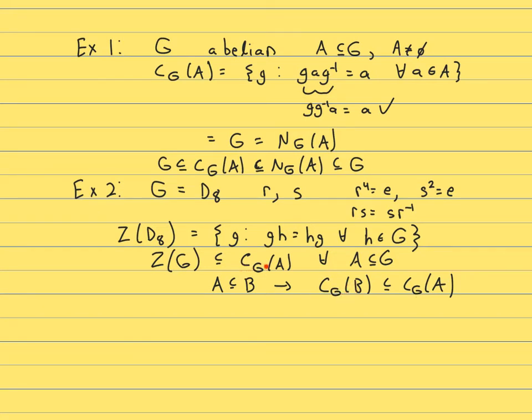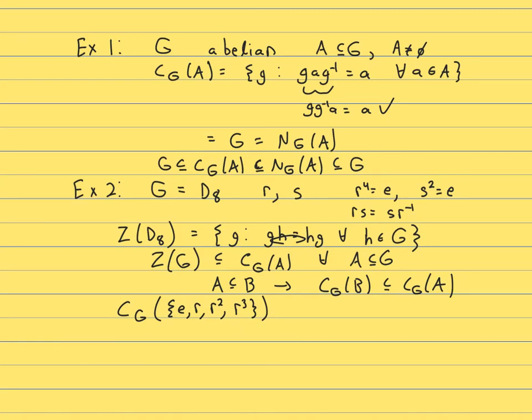So let's try to compute one of these centralizers, and the natural centralizer to compute first would be the centralizer of the rotation subgroup. It's the cyclic subgroup generated by rotations. So we're looking for everything that commutes with the rotations.